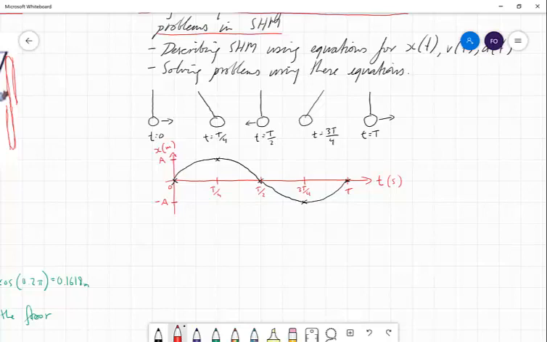So this graph is represented by x is equal to A times sine of something times time. And we know that when a full period has passed, then this has gone through a full cycle. So whatever's in this bracket has to be a full cycle worth of radians. So it has to be 2 pi radians.